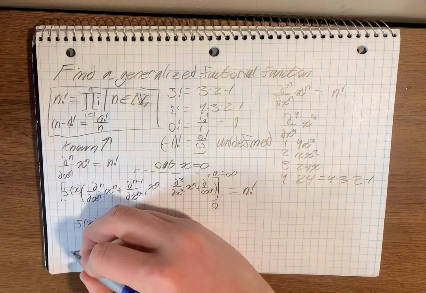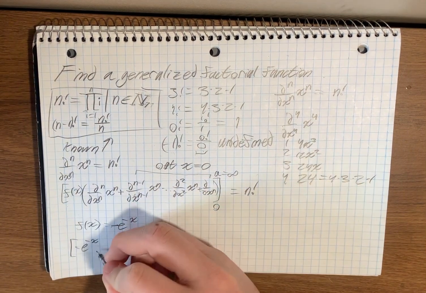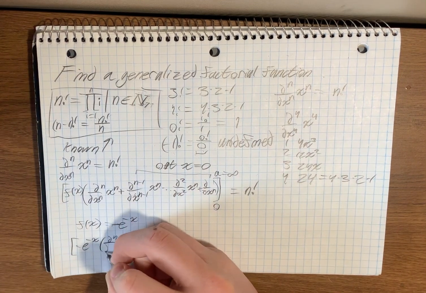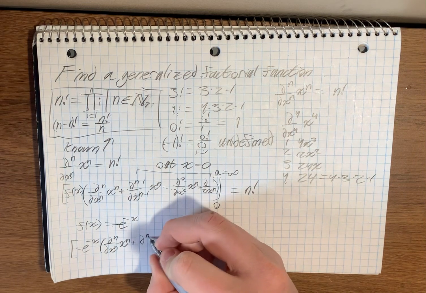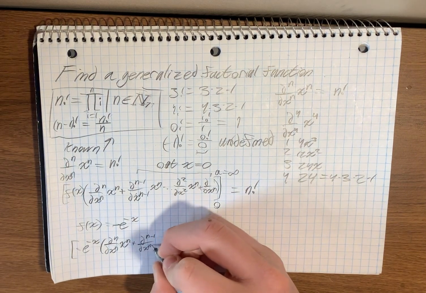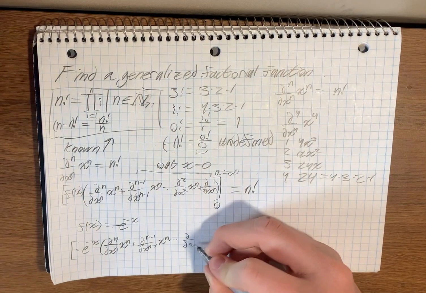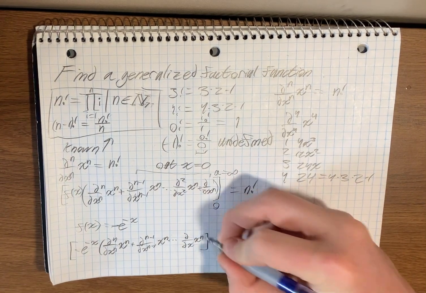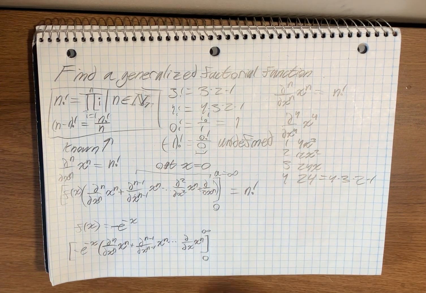So now we have something that we can turn into an integral. Negative e to the negative x times the summation of all the nth degree derivatives of x to the n, right? This is now what we have, and we're evaluating that at 0 to infinity.